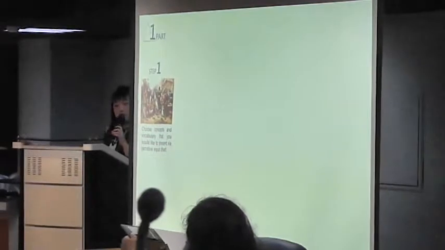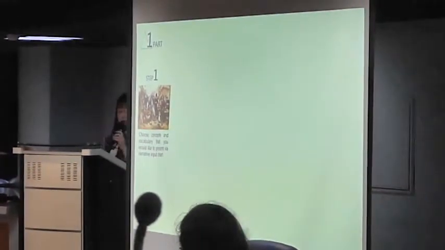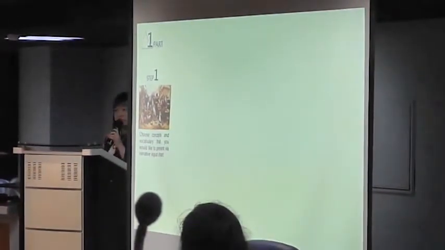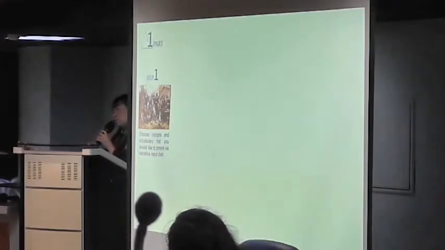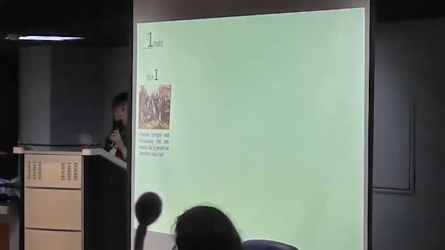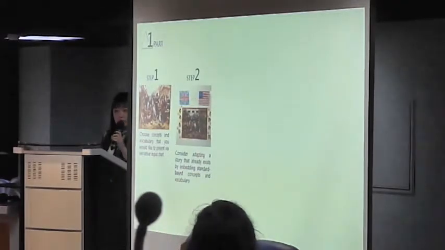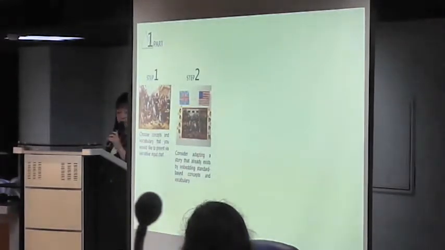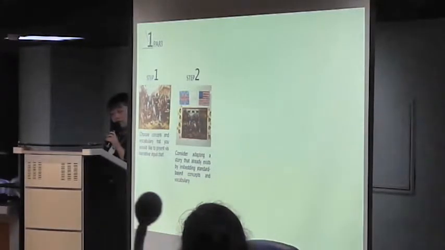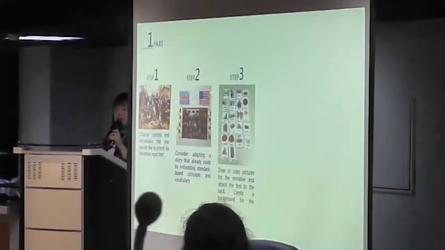The first one, you can choose a concept or vocabulary that you would like to present via the narrative input chart. For example, you can choose Christmas or Thanksgiving or Halloween. Then you consider adapting a story that already exists by embedding standards-based concepts and vocabulary. You can choose some high-level vocabulary you want to teach, and then make some cards or pictures.